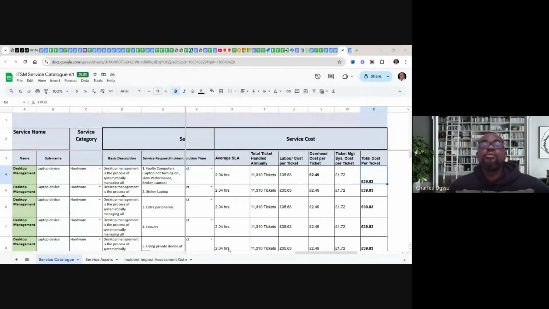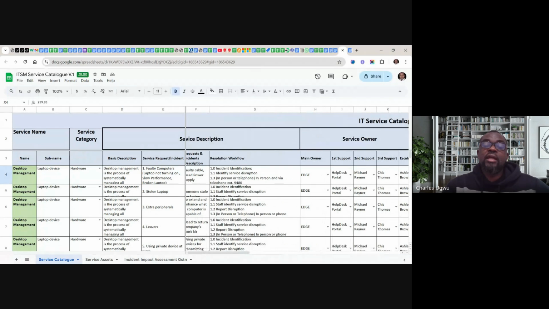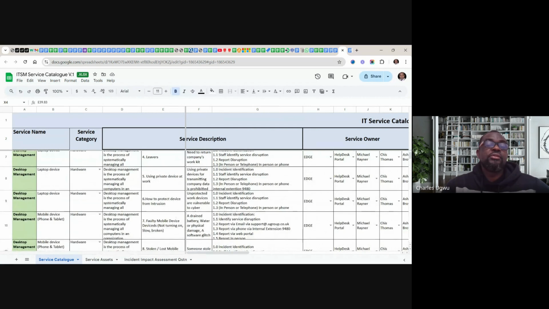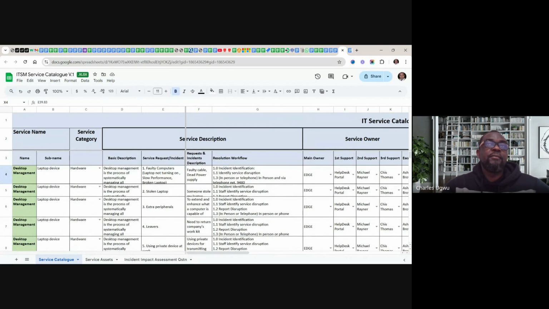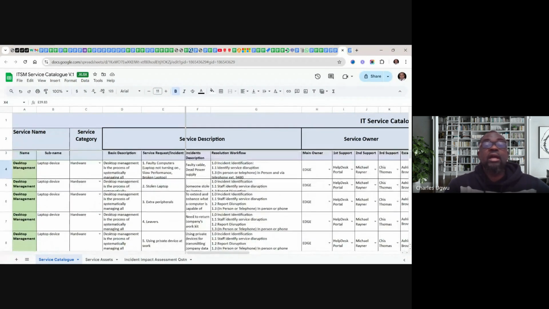So this is how a comprehensive one looks, though it can be better than this. But when we talk about the service catalog, you see, this is a catalog. I created this catalog.